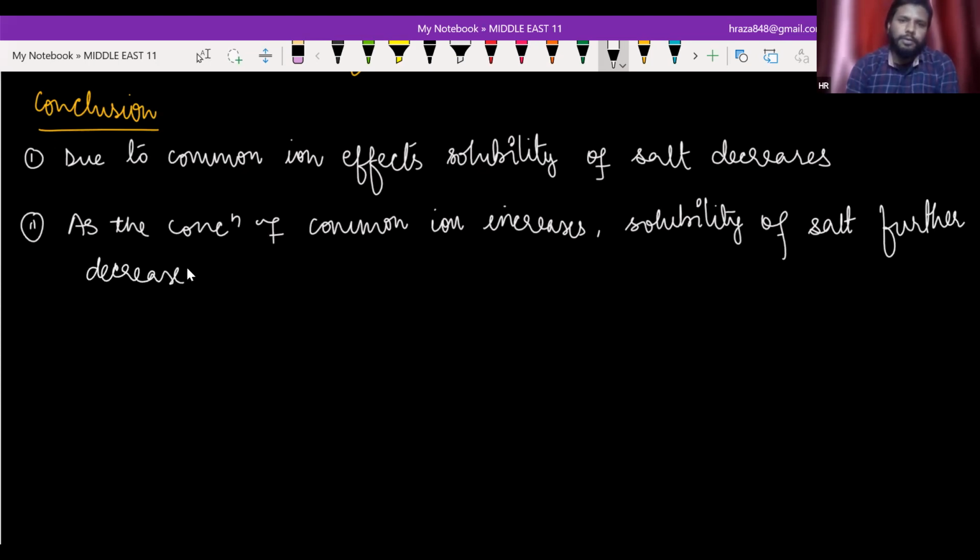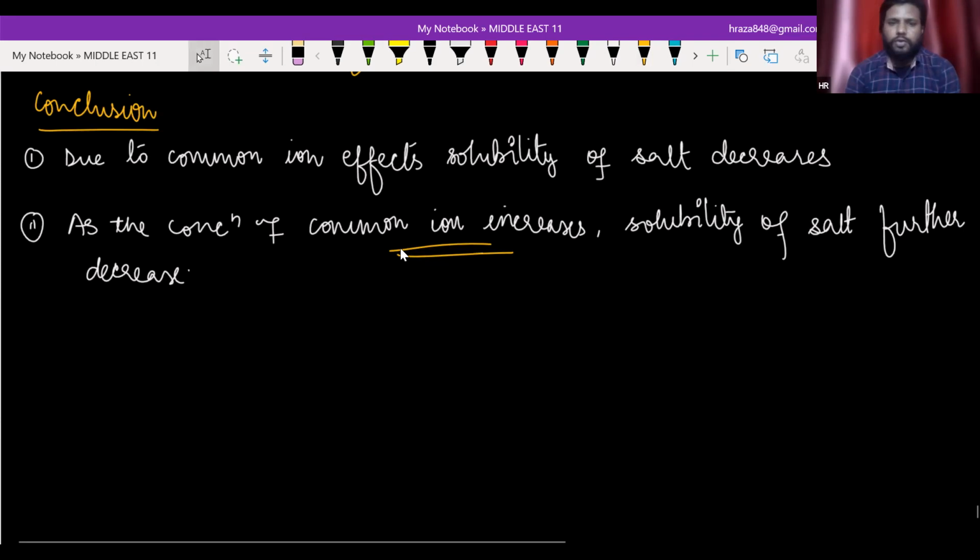So basically, due to common ion effect, solubility of salt decreases. And if you increase the concentration of common ion, that means the common ion will have more concentration on the right hand side, product side. So in order to nullify or cancel the effect on equilibrium, it will move to the left hand side in more quantity. So the solubility will further decrease.